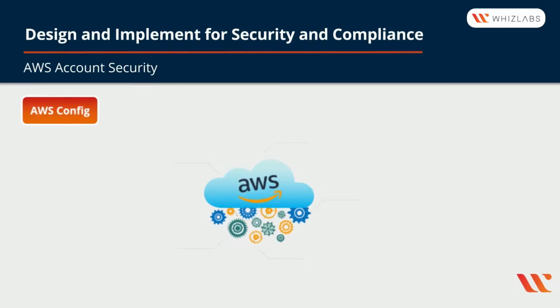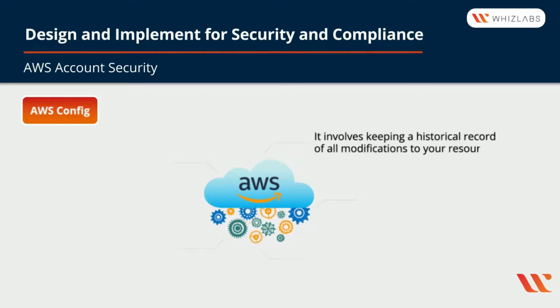AWS Config. AWS Config keeps track of your AWS resources and setup, and reviews it regularly. This involves keeping a historical record of all the modifications to your resources, which helps meet legal requirements and adhere to your company's rules.